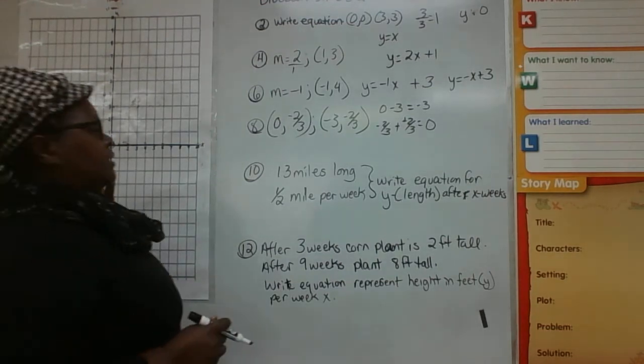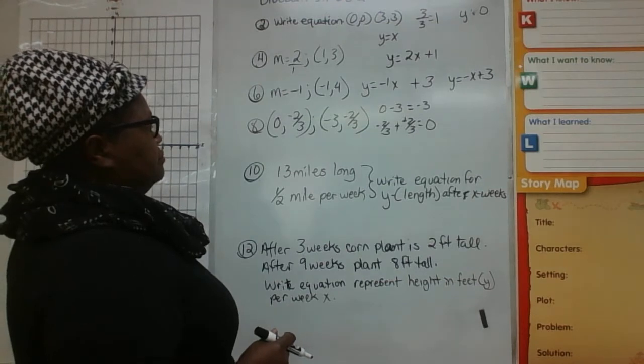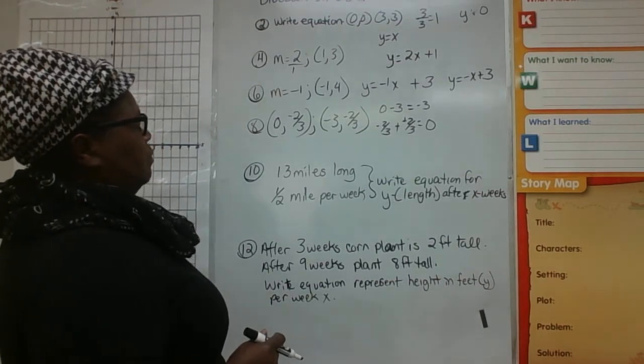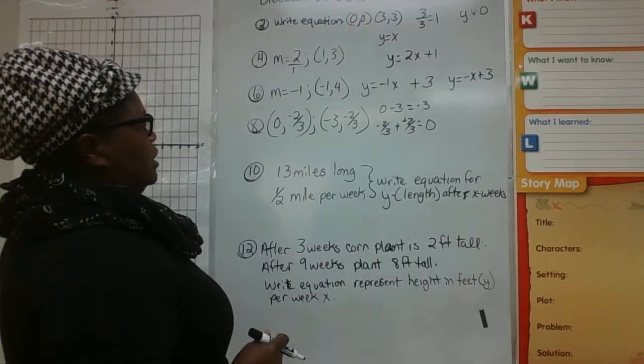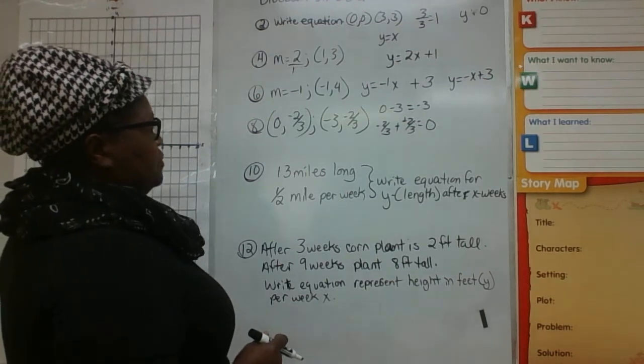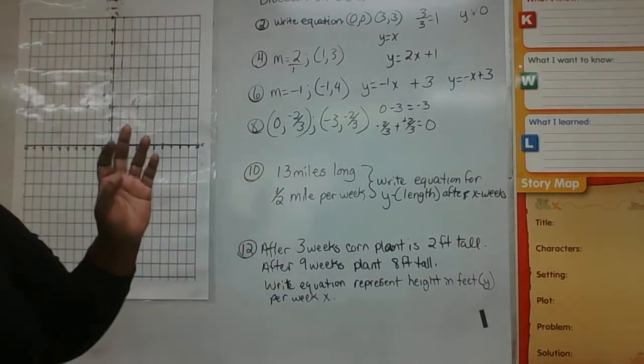Now for my rise is 0, okay, and then my run is -3. That's what I ended up with, okay.